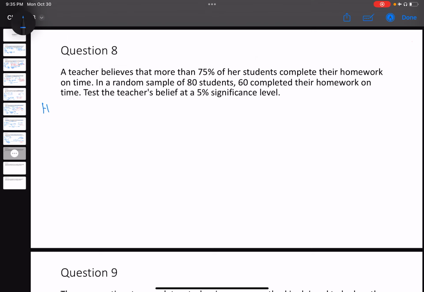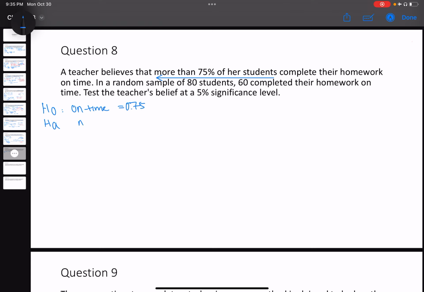Again, null hypothesis and alternative hypothesis. More than 75% of her students completed on time. So the null: on time students equals 75%.